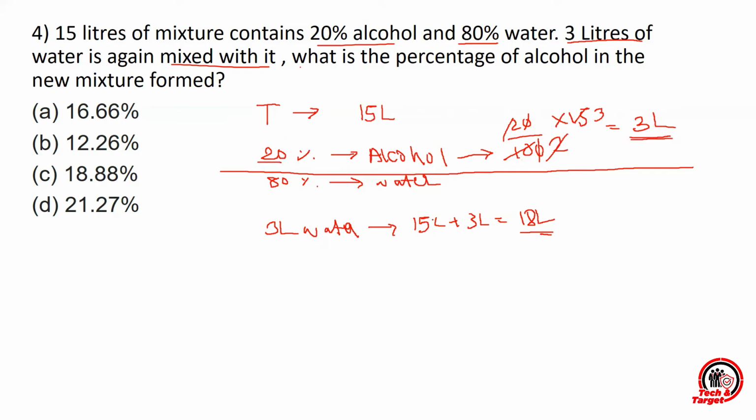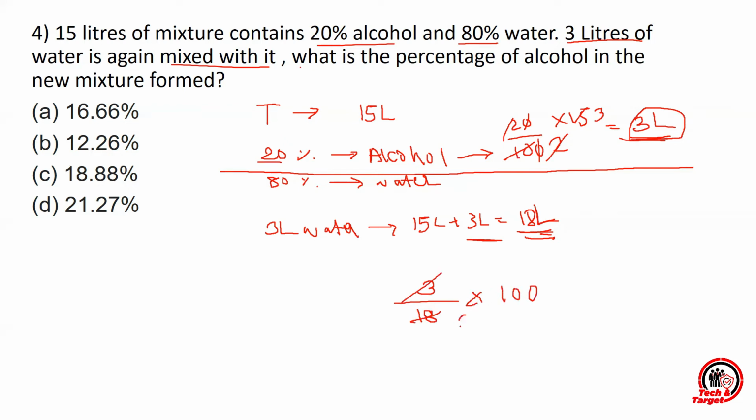And after adding 3 more liters of water, the total mixture will now become 18 liters. And in that 18 liters, we have to find out the percentage of 3 liters in the total mixture, right? So if you want to find the percentage from a given mixture, what we have to do is take the quantity of that particular alcohol, divide it by the total mixture that is available, and multiply by 100, right?